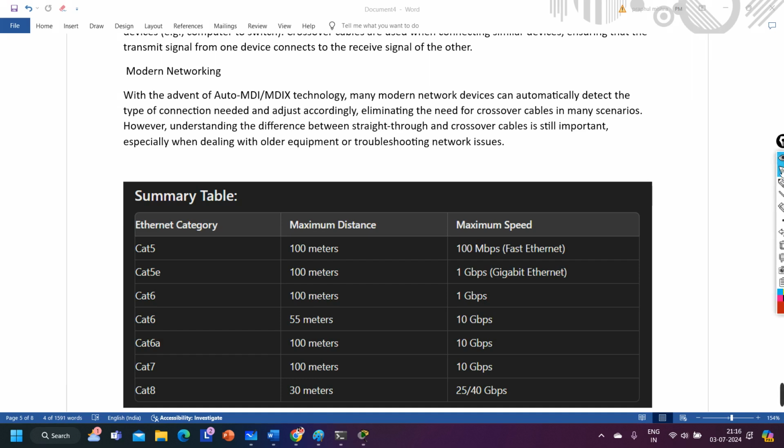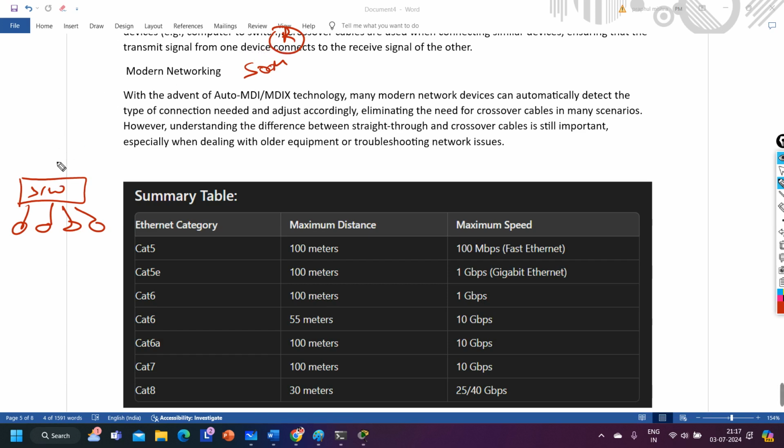Now let's suppose the scenario is this. Here is a switch, lots of devices are there, and guys, my router is around 500 meters away. Which type of cable will you use? Can you use Ethernet or not? Tell me this. 500 meters away. Can I?